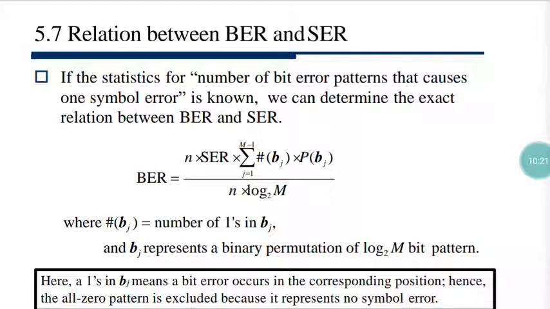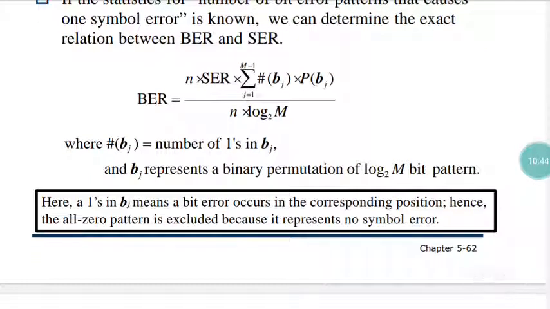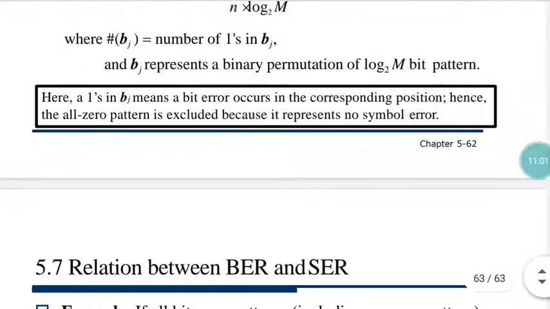BER equals N times SER times the summation over j equals 1 to M minus 1 of the number of ones in bj times P of bj, divided by N log2 M, where the number of ones in bj is counted, and bj represents the binary permutation of the log2 M bit pattern. A one in bj means a bit error occurs in the corresponding position, hence the all-zero pattern is excluded because it represents no symbol error.